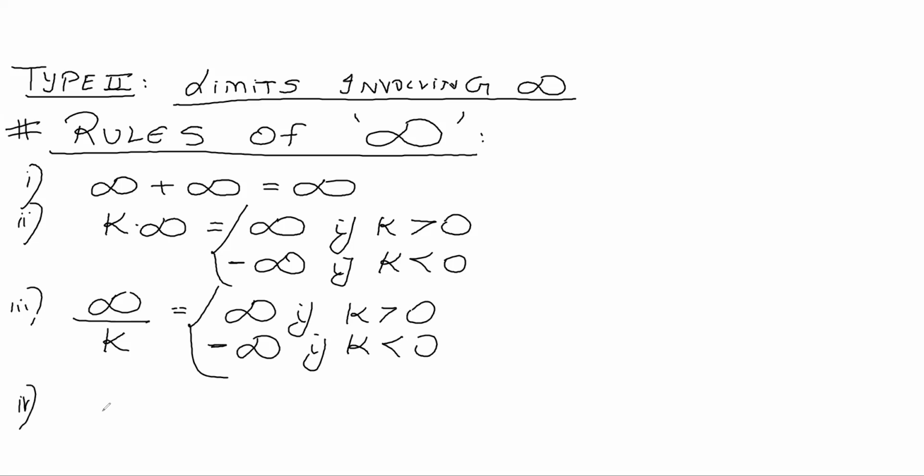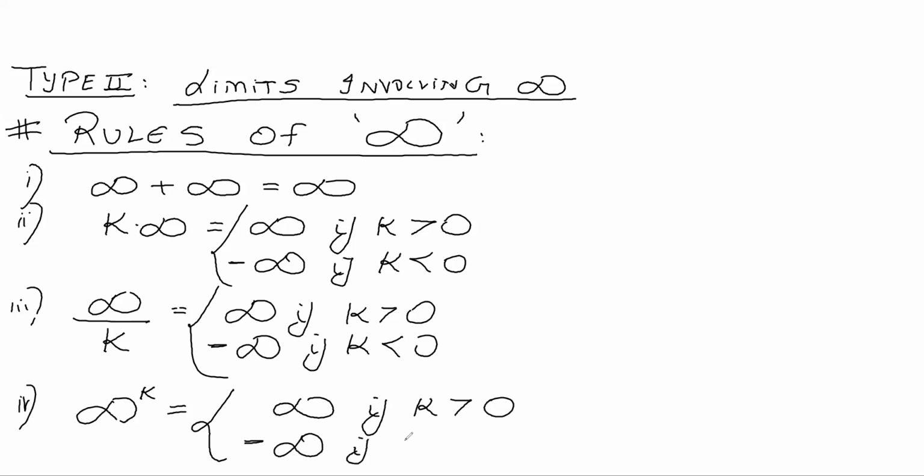Fourth rule, infinity to the power k will be equal to infinity if k is positive, not minus infinity guys, 0. Let me correct myself, 0 if k is negative. Infinity to the power k will be equal to infinity if k is positive and 0 if k is negative.